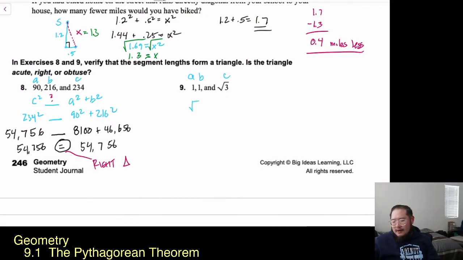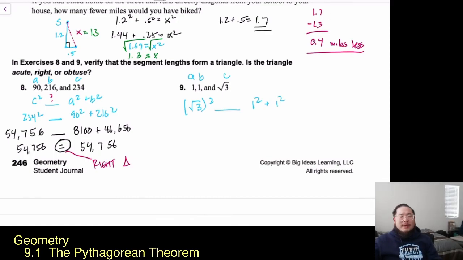Let's go ahead right here. We'll take rad 3, we'll square that. We got to figure out whether it's greater than, equal to, or less than 1 squared plus 1 squared. Rad 3 squared. Remember, when you take a radical and you square it, it ends up being whatever is inside the radical.